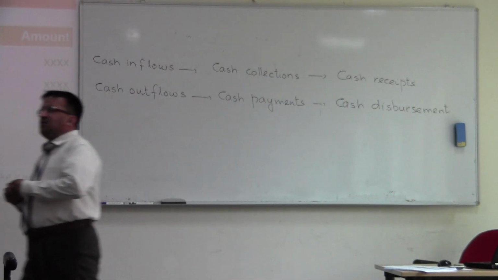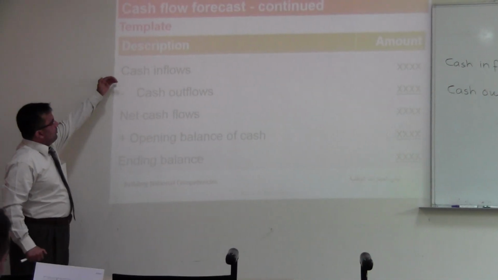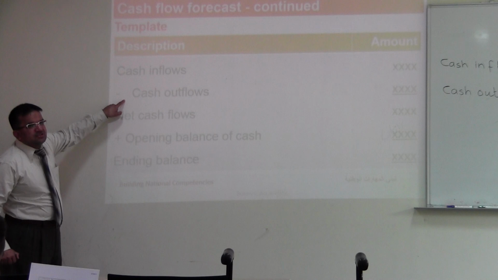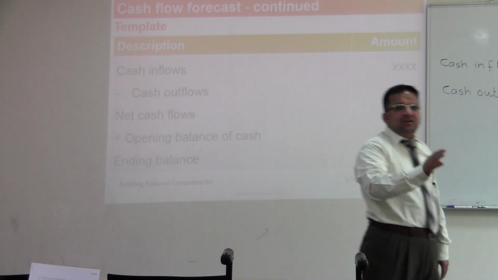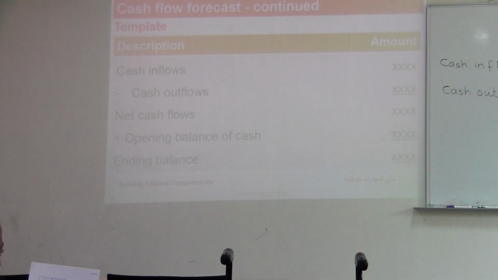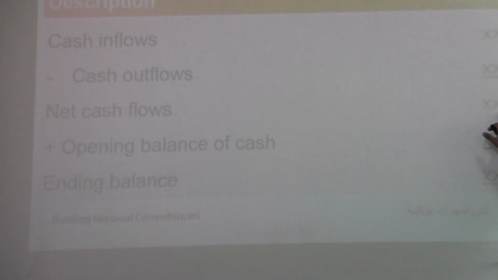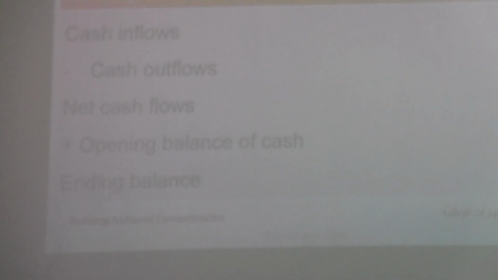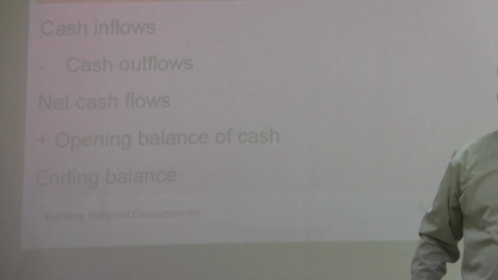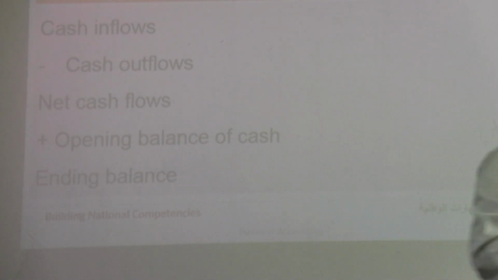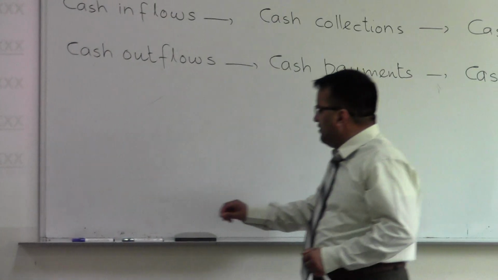When we are calculating it, from all the inflows we have to subtract the outflows. Whatever the collections are, we will add them together, and from that we will subtract the outflow. That will be called net cash flow, and to the net cash flow we will add the opening cash which we have. For example, a small example before going to a large activity.